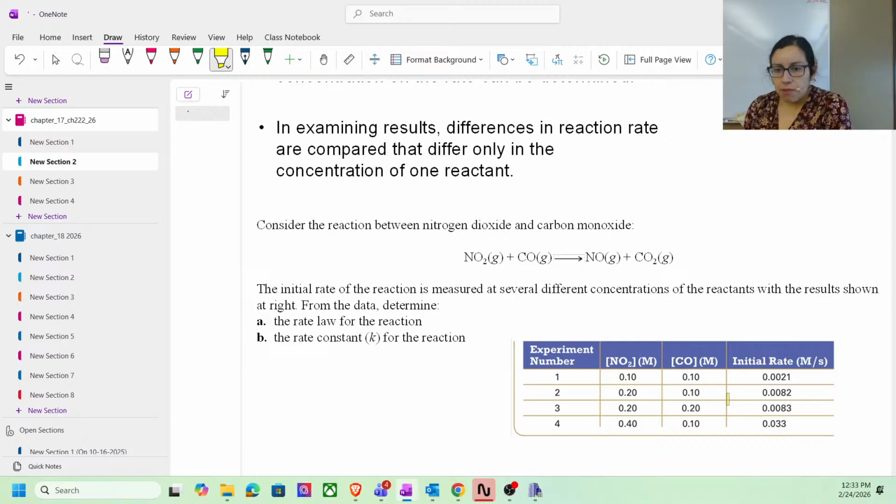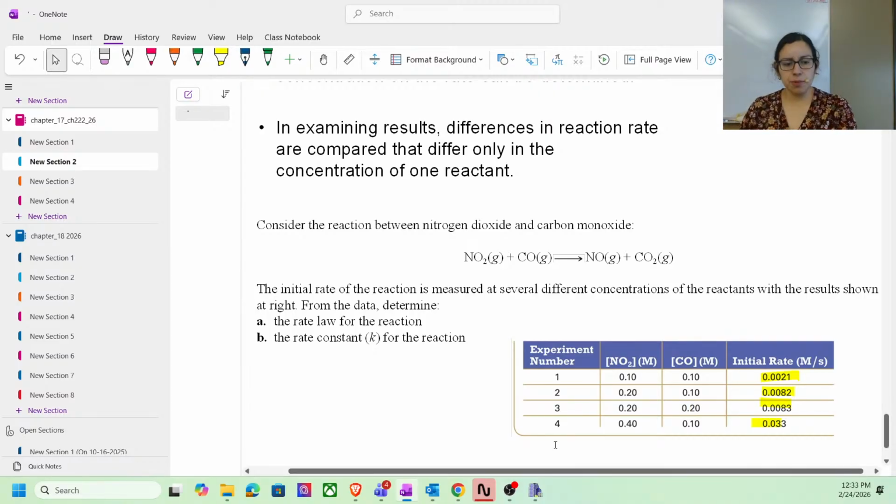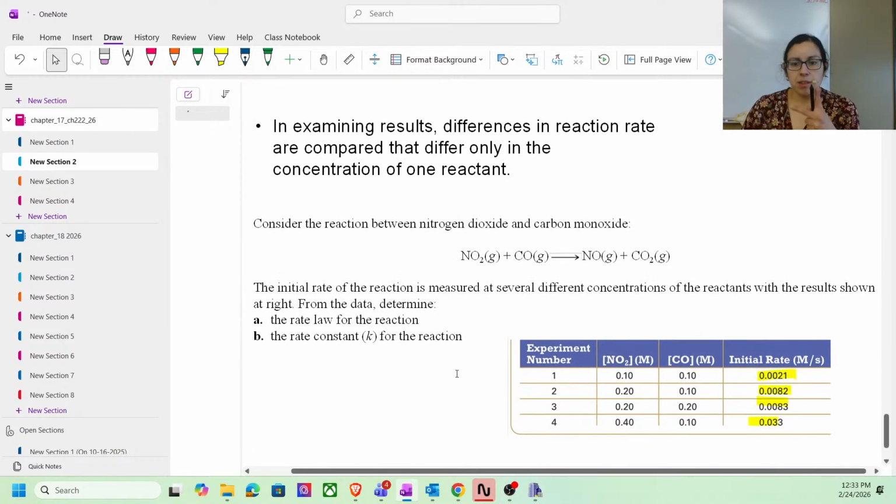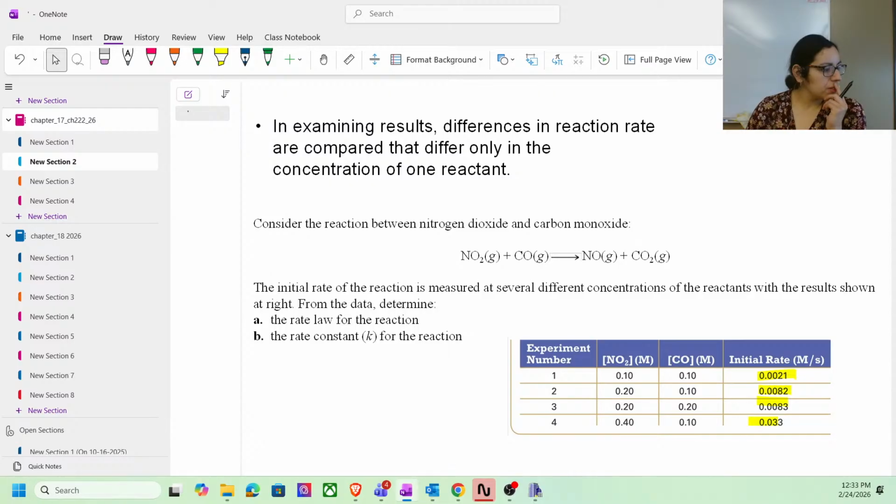Given this data, what is our rate law? Go ahead and look over that. If you've watched the videos, maybe you already know the answer, but I just want to make sure we're all on the same page. And what do we have to do to compare?